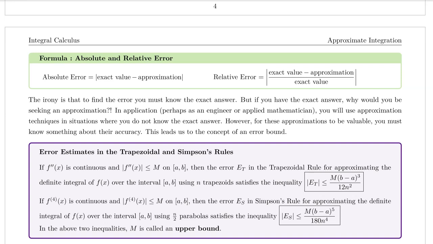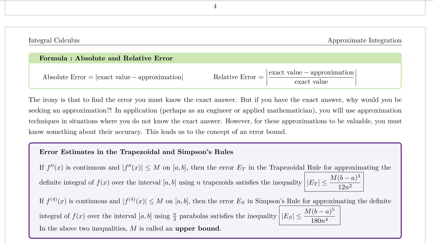If the fourth derivative of f of x is continuous and the absolute value of the fourth derivative of f of x is less than or equal to capital M on the closed interval from a to b, then the error E sub S in Simpson's rule for approximating the definite integral of f of x over the interval from a to b using n over 2 parabolas satisfies the inequality: the absolute value of E sub S is less than or equal to capital M times (b minus a) to the 5th power over 180 times n to the 4th power.